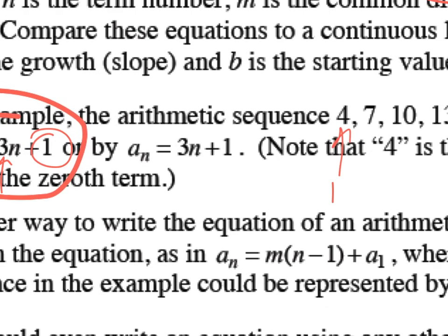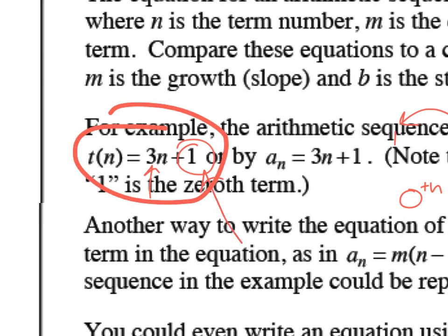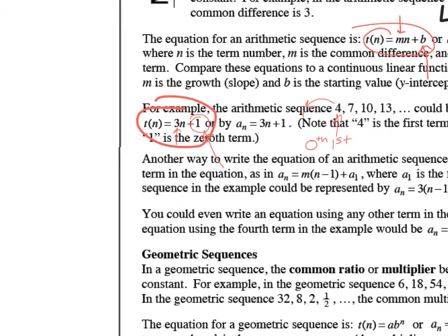Well, this is my first term, so what would my 0th term be if there were such a word? Well, that would be going backwards 3 units, which would put it at 1, kind of like the y-intercept. So that's what I have right here. 3n plus 1 would be the explicit formula that I have that would model that sequence.